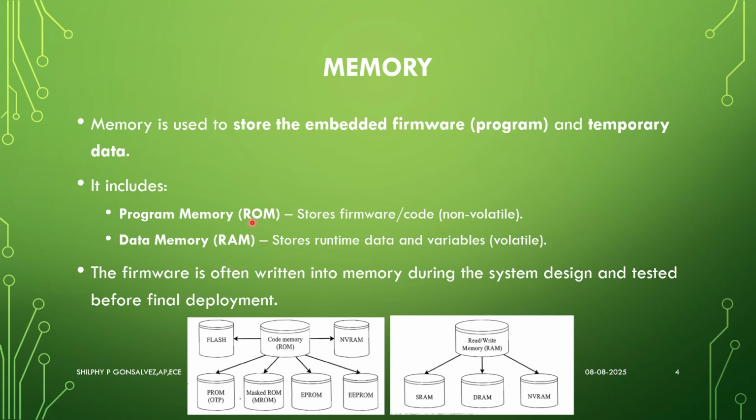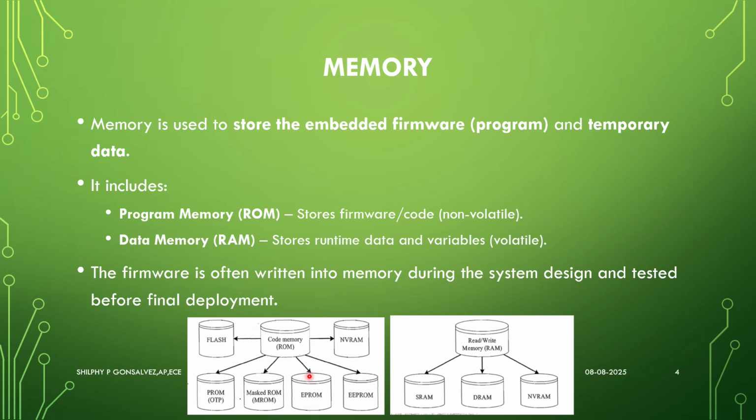As we all know, ROM is a non-volatile memory, which means the data will be retained even when the power is off. RAM is a volatile memory, and the data will be lost once the power is off. This firmware is often written into the memory during the system design and tested before the deployment phase.